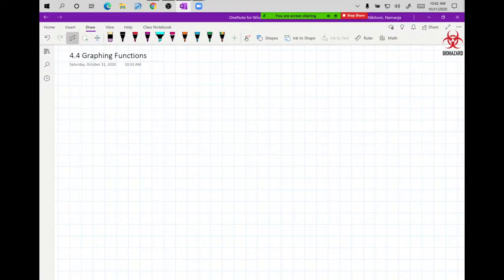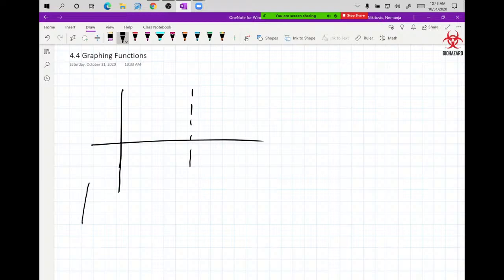Now, there is also a middle school way of graphing, which is you compute y values, but that one could give you an incomplete picture. So to give you an example, let's say your function looks like this. It goes through and then follows this asymptote here, and then has another piece like that.